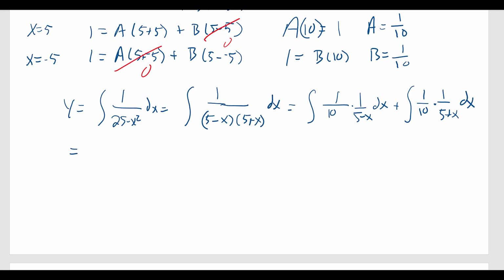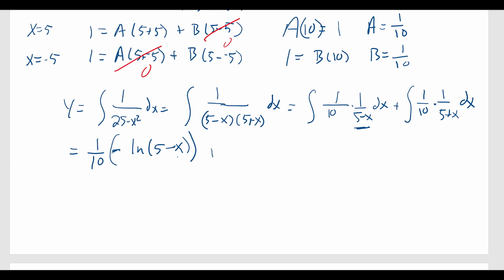So we end up with 1/10, and then this first one here is a negative x, so it's going to be negative natural log of 5 minus x. And this negative here comes from the negative x, since the derivative of the x is negative 1.